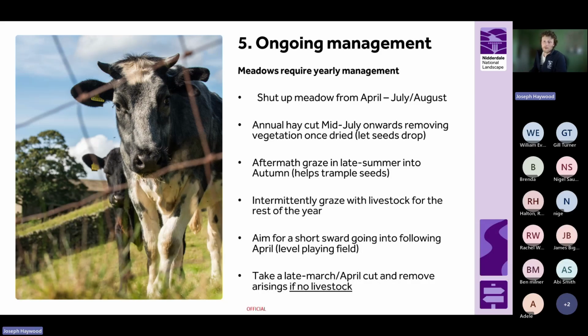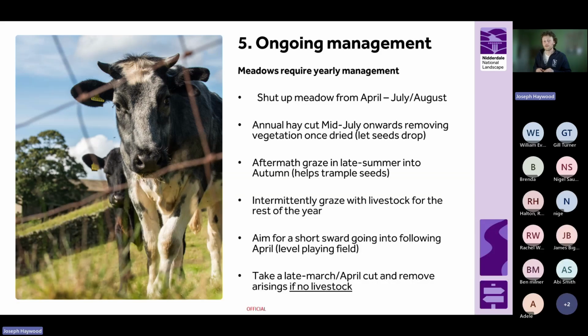In my garden now, yellow rattle is flowering and started growing about 2 weeks ago. So I don't want to be mowing my grassland now because I could damage the yellow rattle populations. And as I said, that's really important for reducing the grass vigor because the yellow rattle parasitizes it.